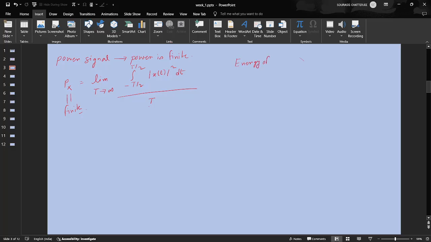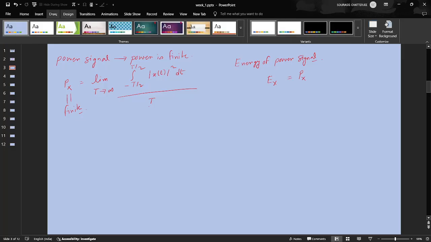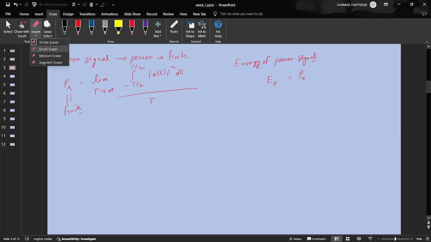Energy of a power signal, E of x, is given as limit t tends to infinity, P of x times t, because you can see if we bring this t to that side and compute the integral from minus infinity to infinity, what we are left with basically here is the energy of x.